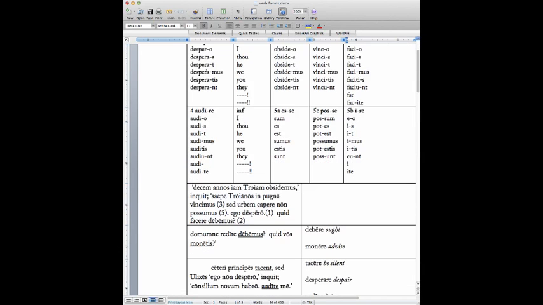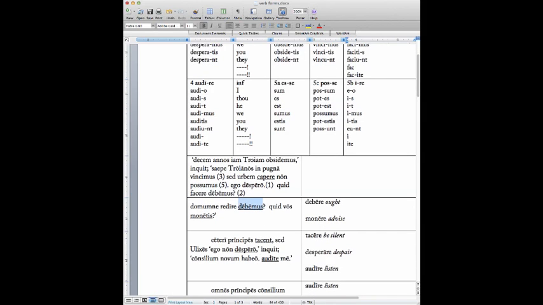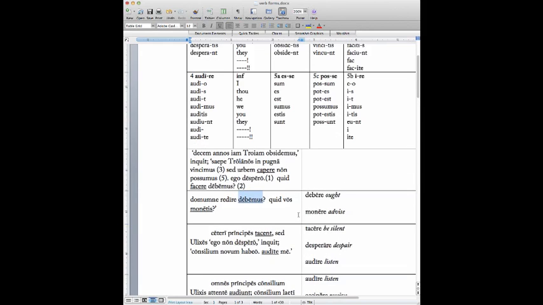So what I wanted you to do first of all is identify which of these 8 patterns the verb forms I give you here are. So the first verb form is debemus, we must, and if you look it up in the dictionary, it will look like this: debeo, comma, debere.